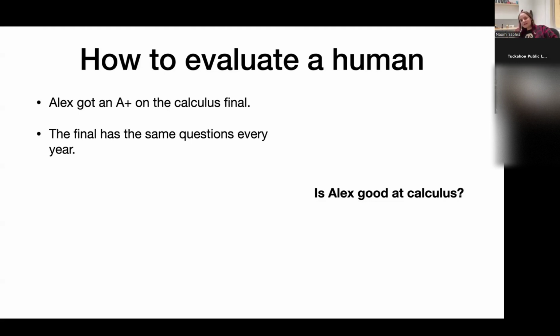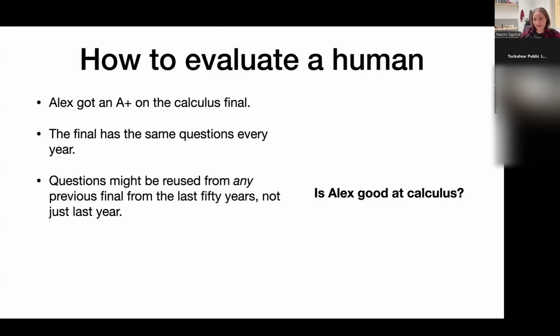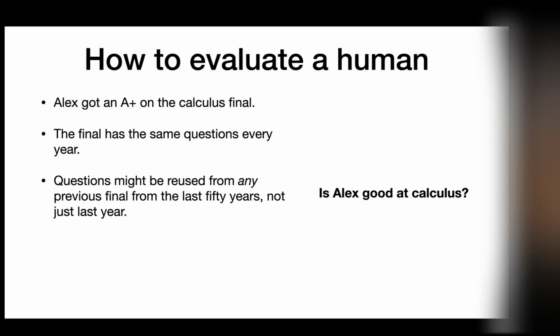But what if you find out that actually that final has the same questions every single year and Alex has seen them? Suddenly, I'm not so confident that Alex actually knows calculus just based on the exam grade, right? But what if these questions could have been reused from any of the previous finals in the last 50 years? Hundreds of questions, maybe thousands of questions, not just last year.